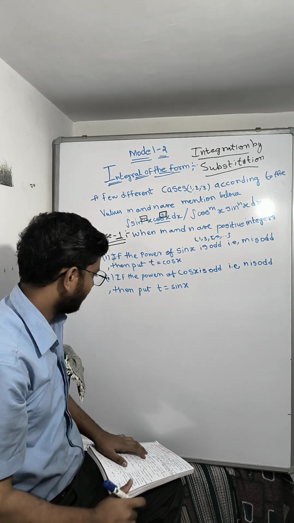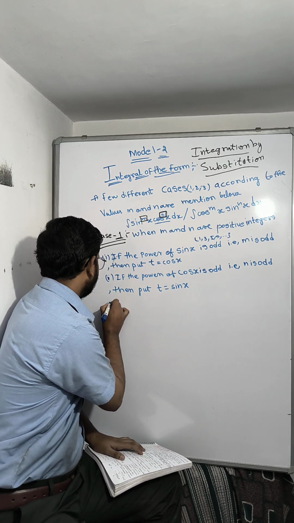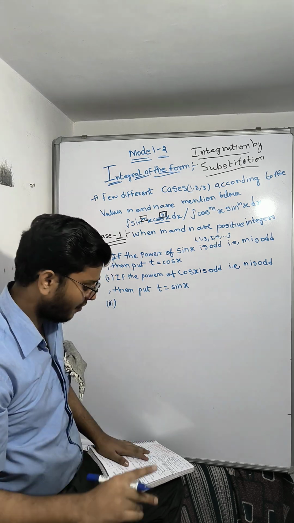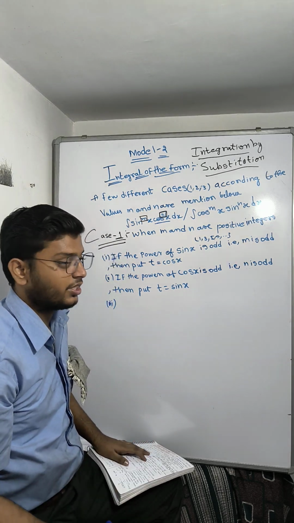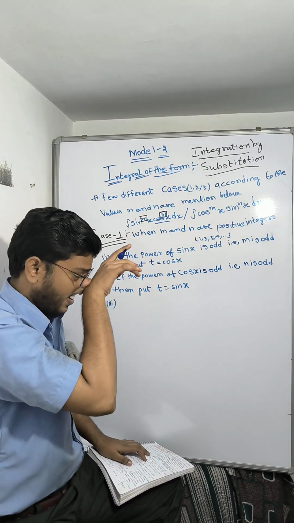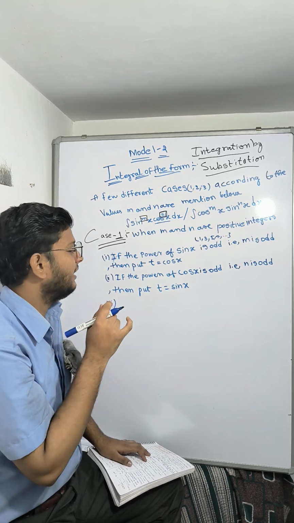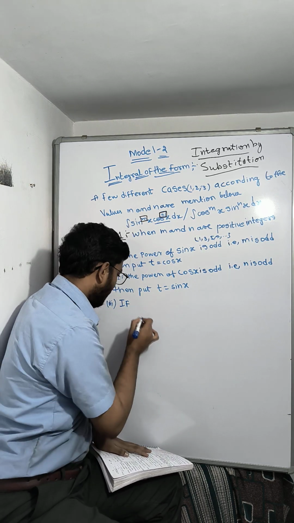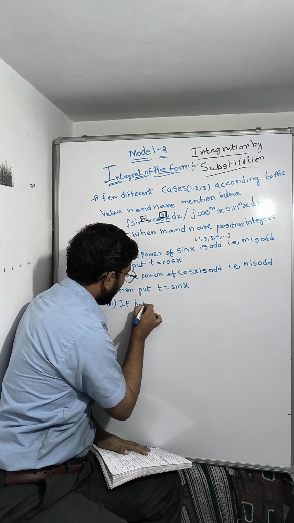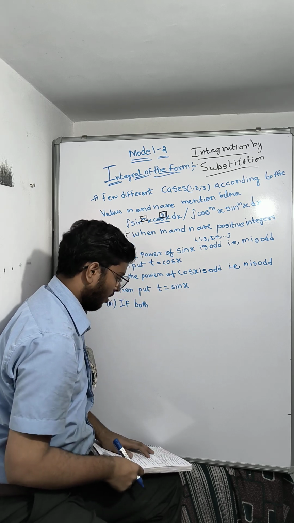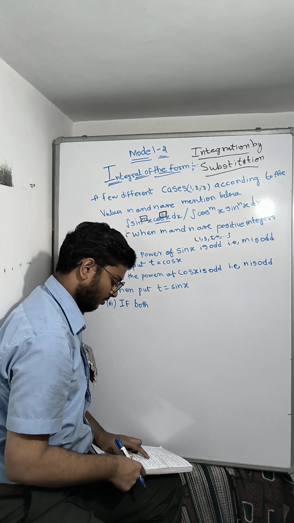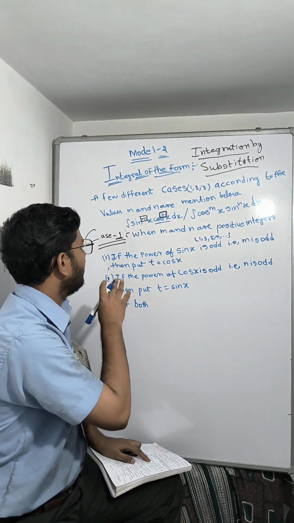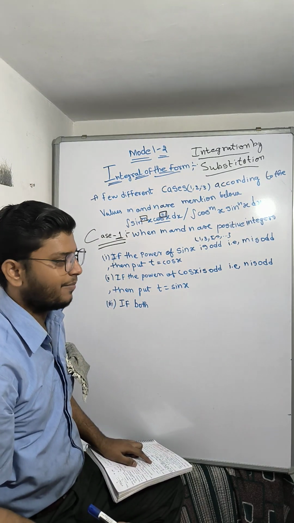Then next, third condition, third one, if both powers of cos x and sin x, both means m and n, cos and sin, powers m and n.